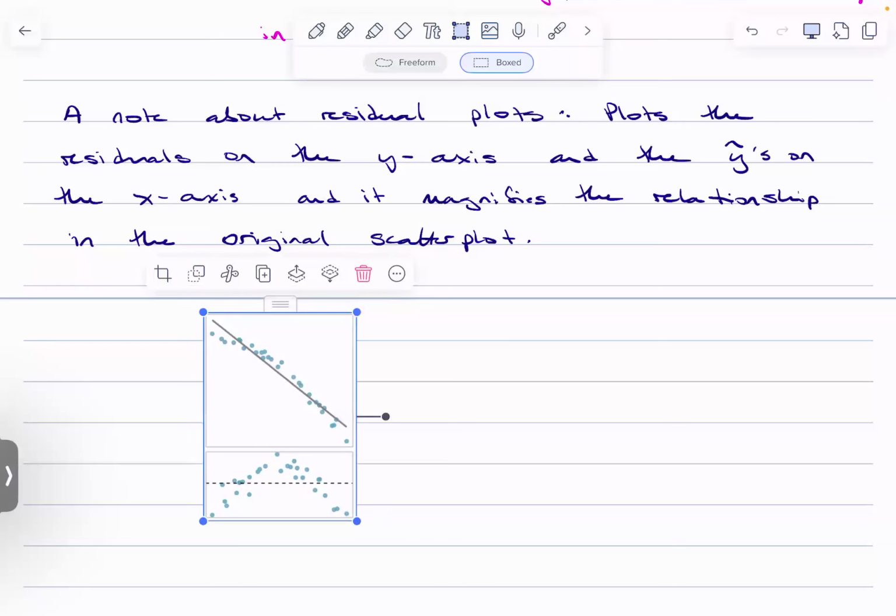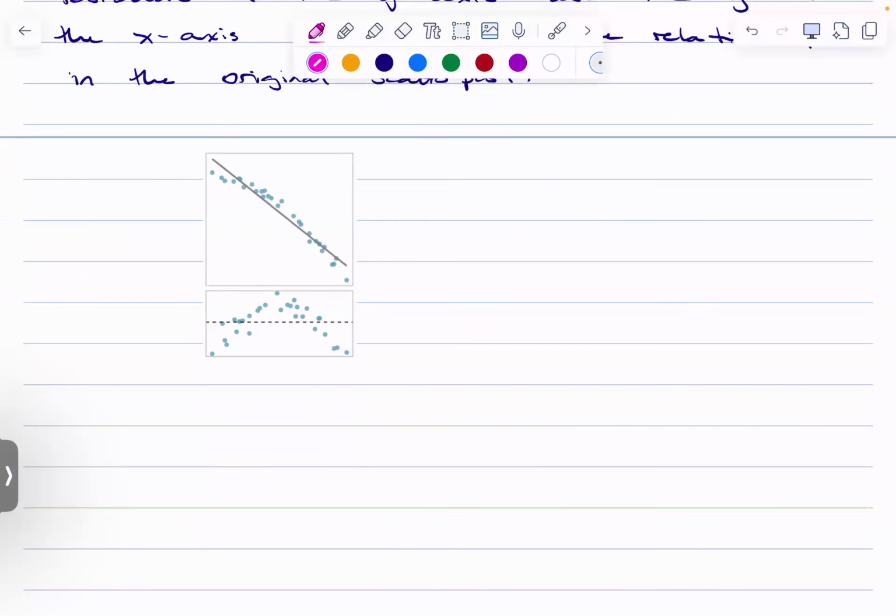So here, this is the original, and then this is the residual plot. In a residual plot, we usually have a line at 0. Our residuals should be hovering around 0. We want our points close to our line. And so here we see that it magnifies this non-linear relationship.